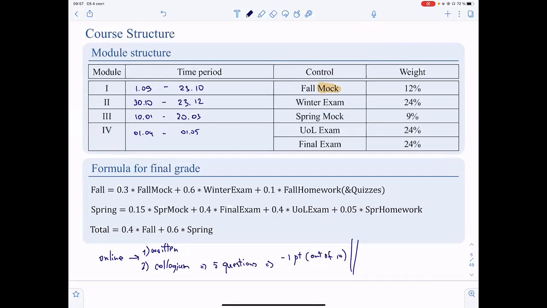You are allowed to share your things. You may cooperate, but you are not allowed to cheat with the homeworks and present the same solutions. All right, it's a sort of a gentle border that I would like you not to cross over.